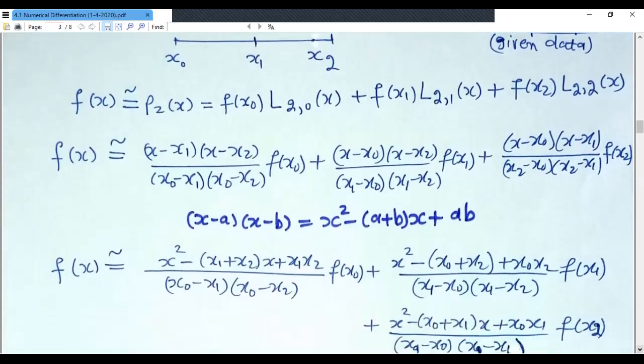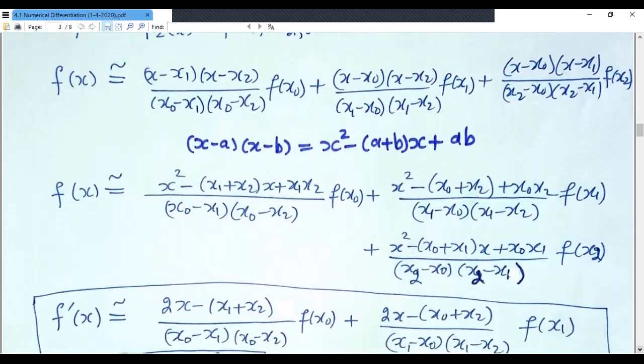Putting all the values and multiply the two terms x minus x1 and x minus x2 in the first term, and similarly in the other two terms, using this formula x minus a into x minus b equal to x square minus a plus b into x plus ab.